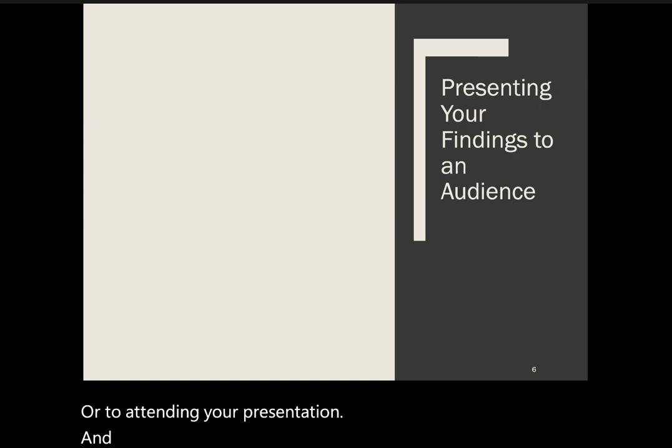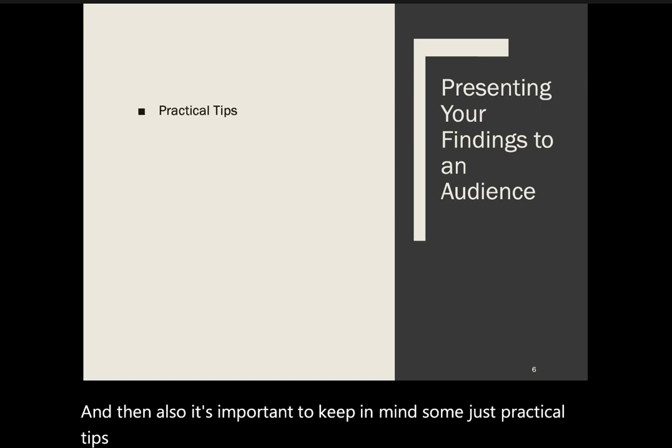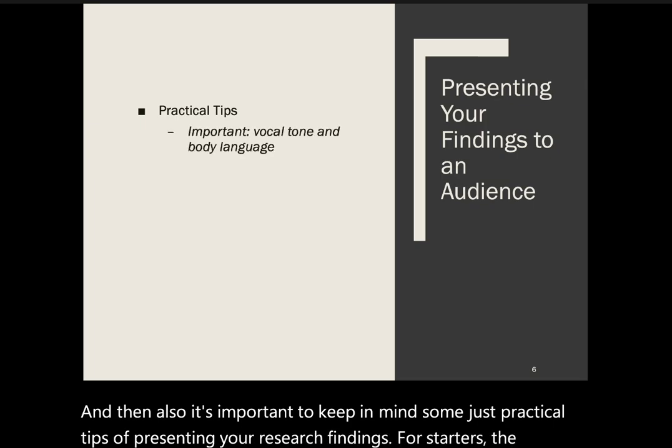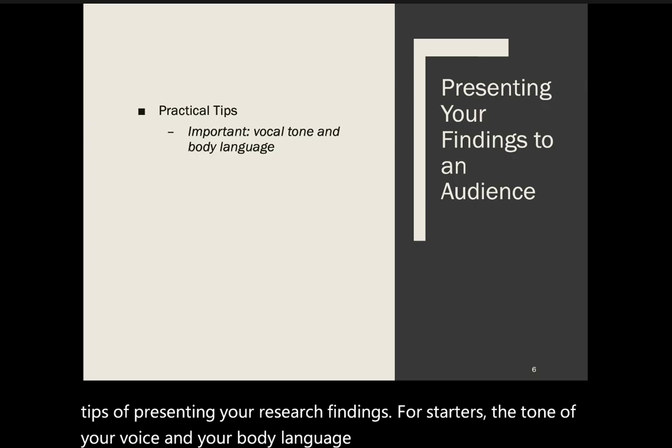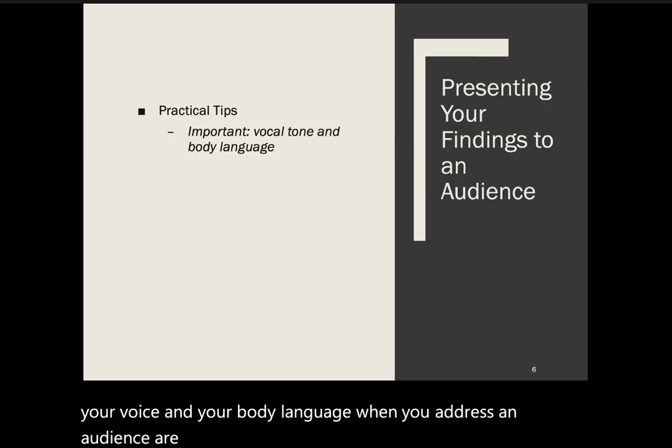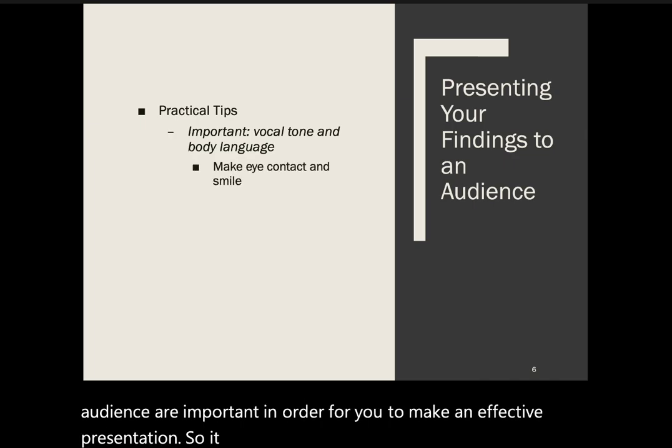And then also, it's important to keep in mind some practical tips for presenting your research findings. For starters, the tone of your voice and your body language when you address an audience are important in order for you to make an effective presentation. So it really helps to make eye contact and to smile at the audience.